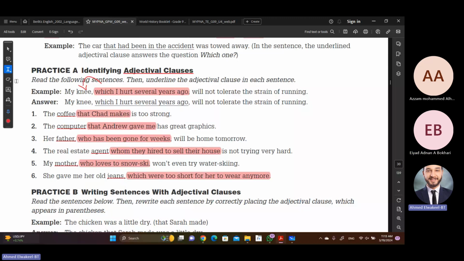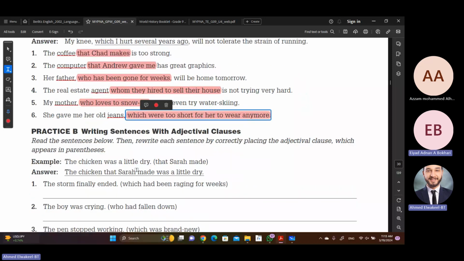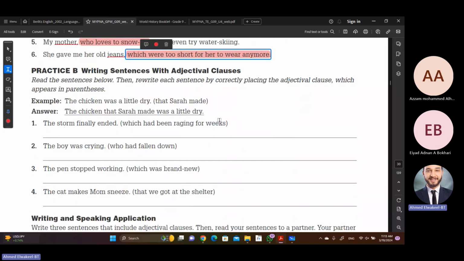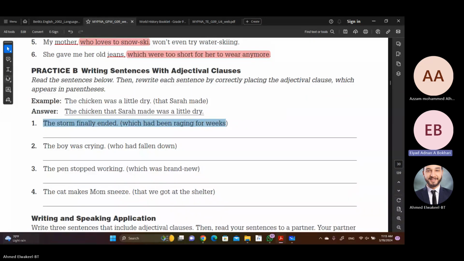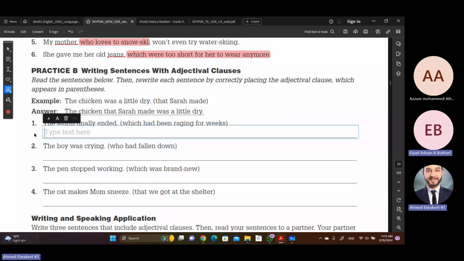So the noun or the pronoun they modify must come directly before what? Our relative clause. So simply, in order to include this relative clause inside, just find the word that you would modify and put it next to it. Like Iyad said for the first one: the storm which had been raging for weeks finally ended.